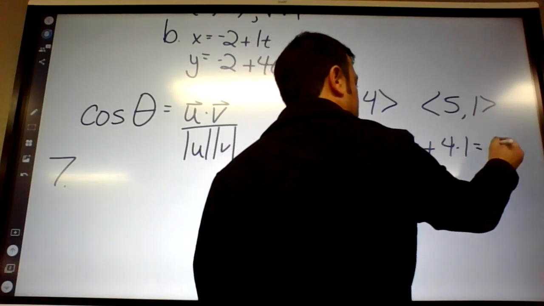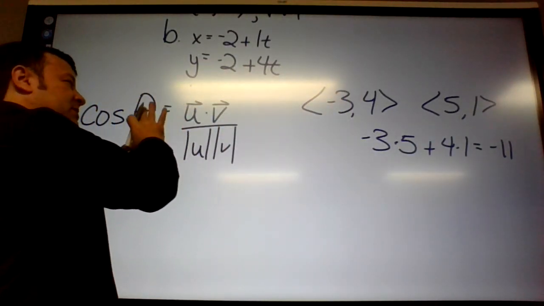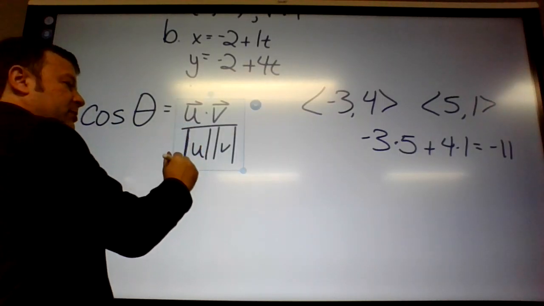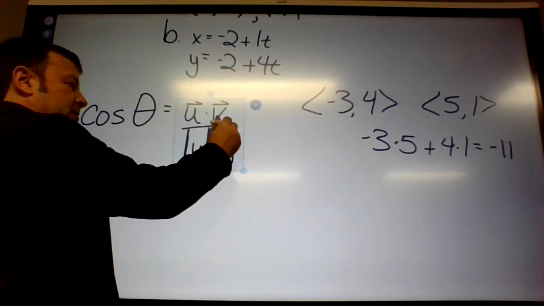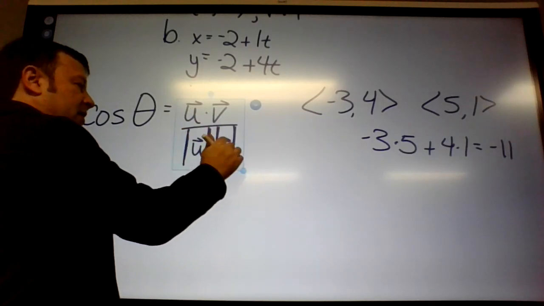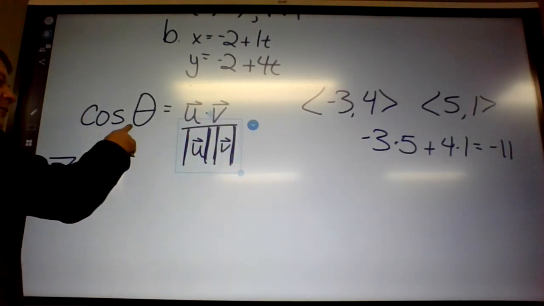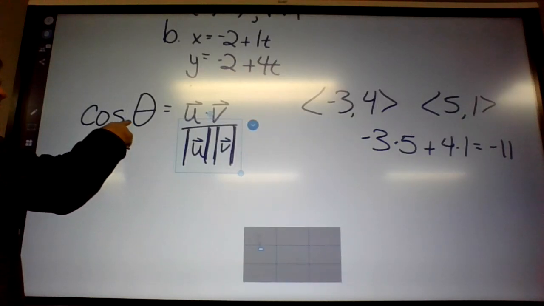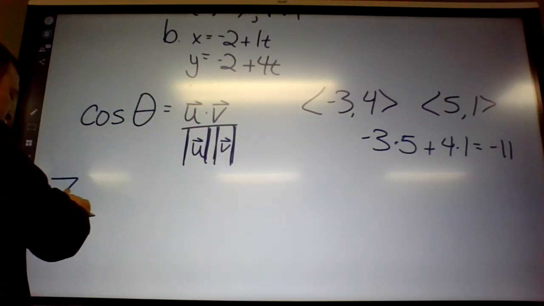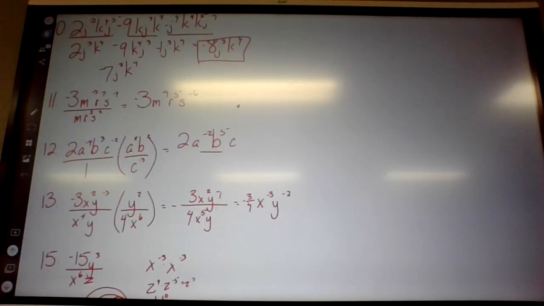So -15 plus 4, -11. That's the dot product. It's used for problems where you're looking for the angle. Okay, what did these symbols right here mean? Magnitude. So the top means the dot product, the bottom means the magnitudes multiplied together. And then to find theta, the angle we're looking for, we're going to have to do cosine inverse of all this. But before we do that, I'm going to copy these down.